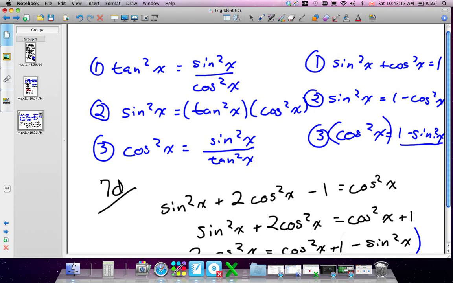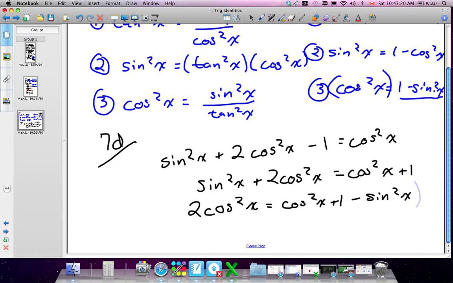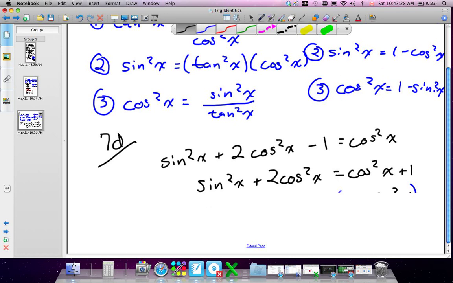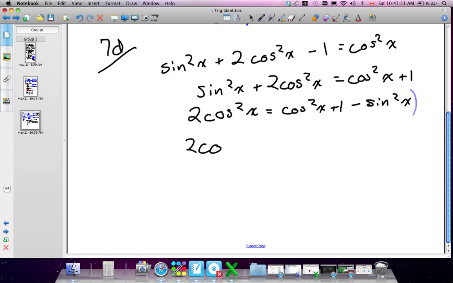So I can actually replace this part. I keep the plus sign. I can replace that part with cos squared x. So let's do that over here. I have 2 cos squared x is equal to cos squared x plus, and I've replaced this part here, with cos squared x.